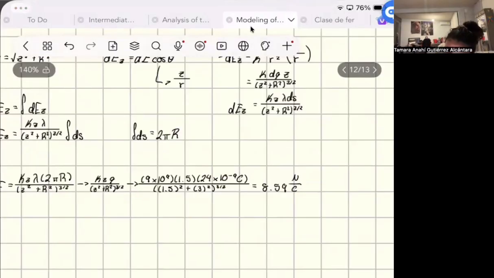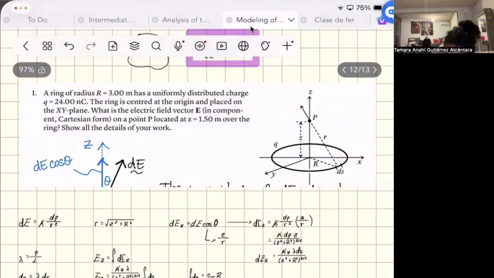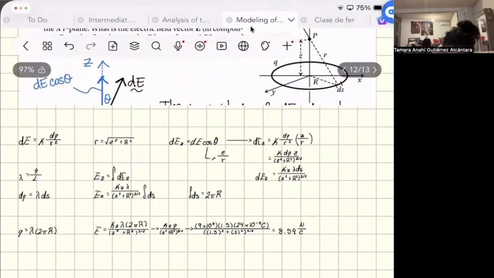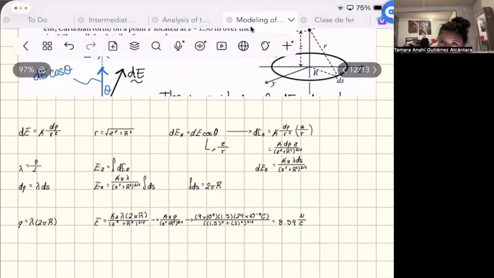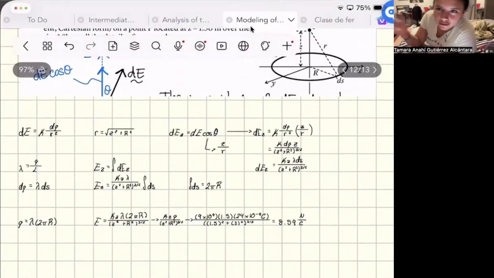And in vector form, I think they don't ask us that, but just in case. In vector form, the x and y components are 0.